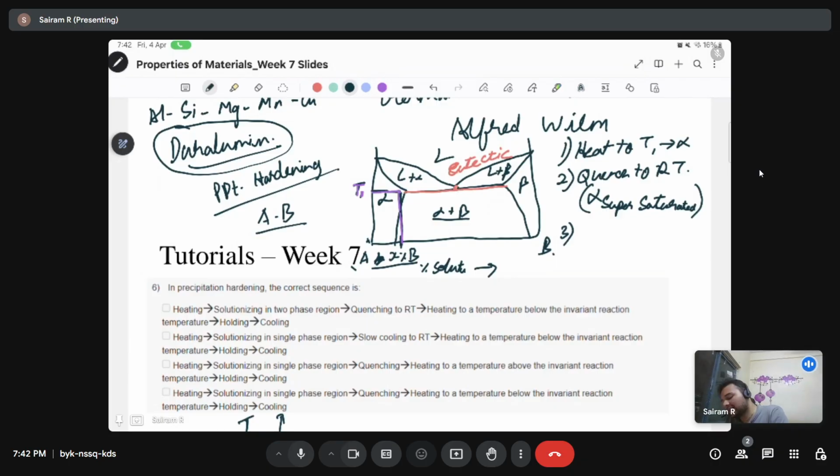Because if I heat it to this temperature in this two-phase regime, I am going to trigger the eutectic part, and the eutectic composition will have the lowest possible melting point. I don't want to go anywhere near that. So what I do is, let's say I heat it back to this temperature. Let's name it T2.